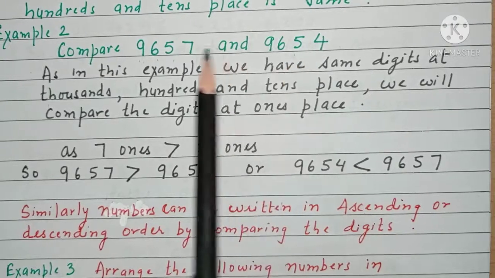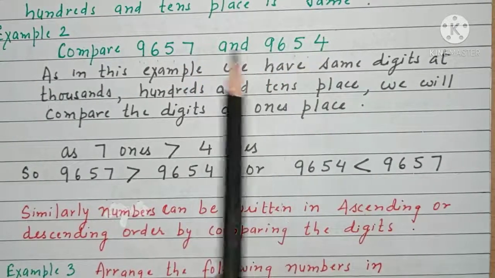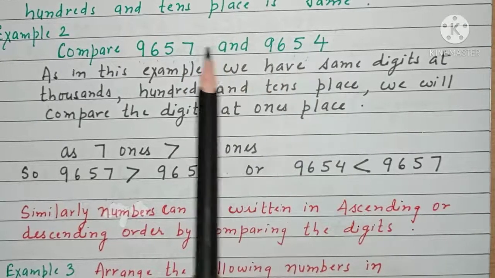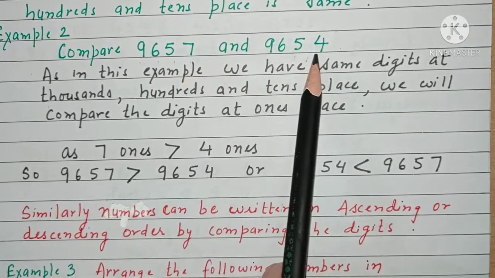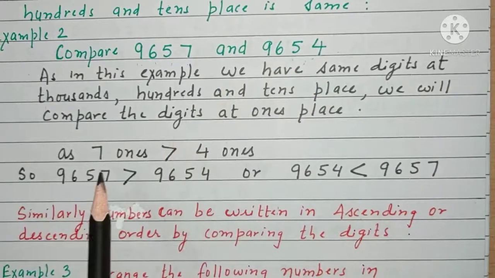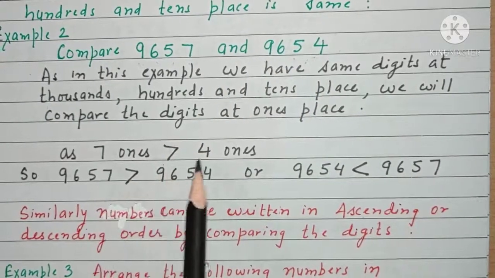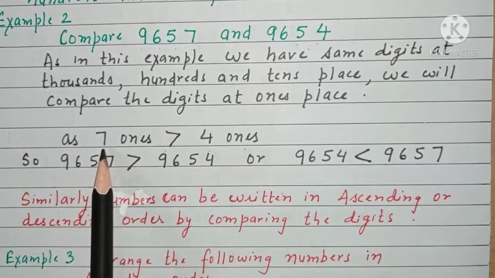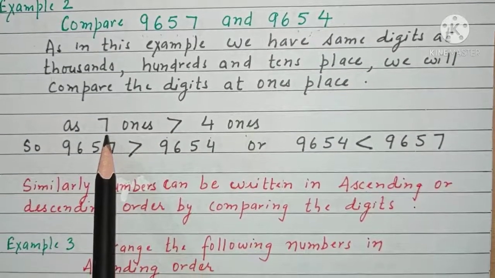We can see thousands, hundreds and tens place is the same. Now we are left with only the ones place. So comparing the numbers at the ones place, we are having 7 and 4. Now, as we know, 7 ones is more than 4 ones. So, the number which is having more ones will be greater.